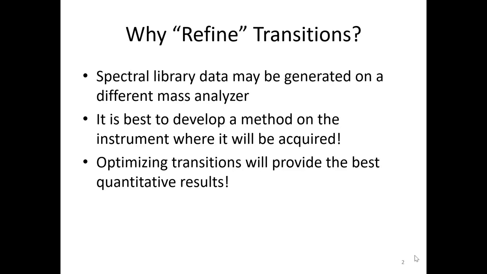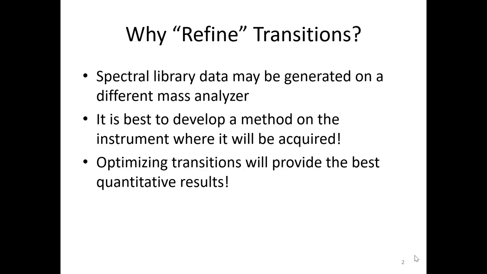Does anybody know why we want to refine transitions? The answers are right there. Right. So if we're taking data-dependent things into a targeted run, obviously we want to target the best transitions that are the most selective and will give us the best quality data.